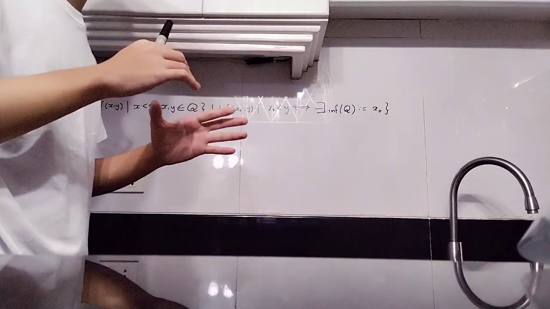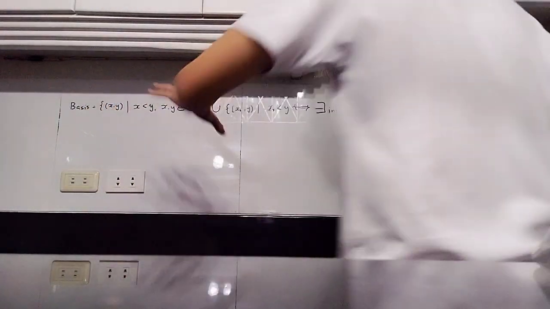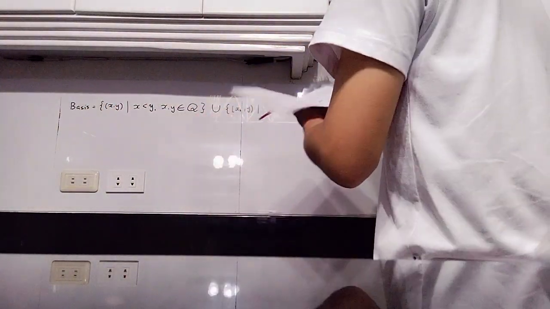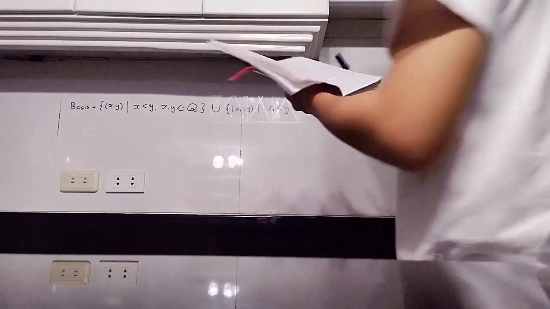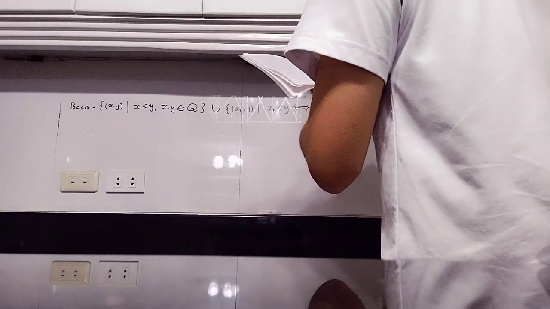But we don't really have a notion of first right now, okay? Because this is not a linear order or lexicographical order. And we will talk about lexicographical order later as a footnote, okay?